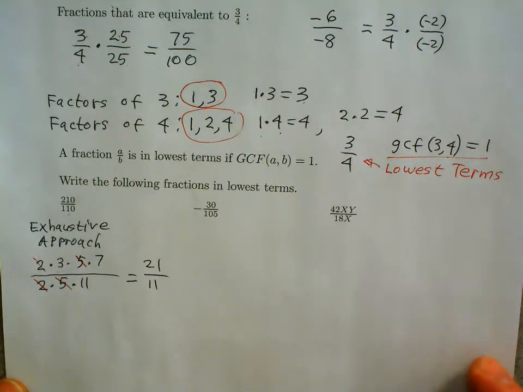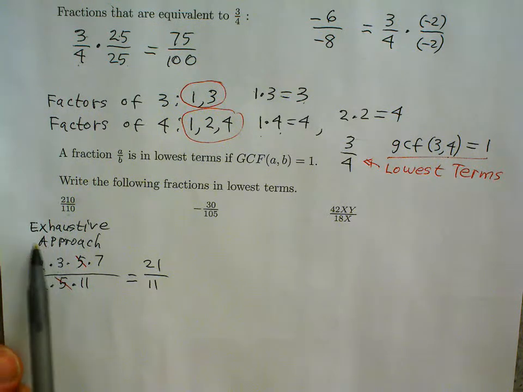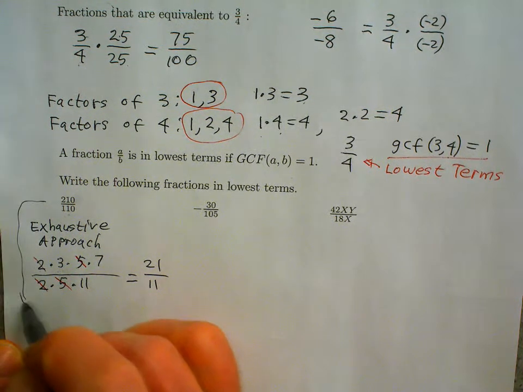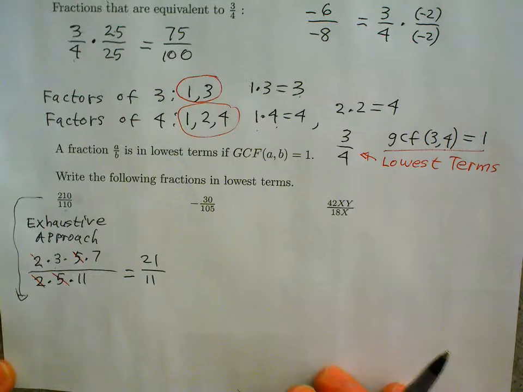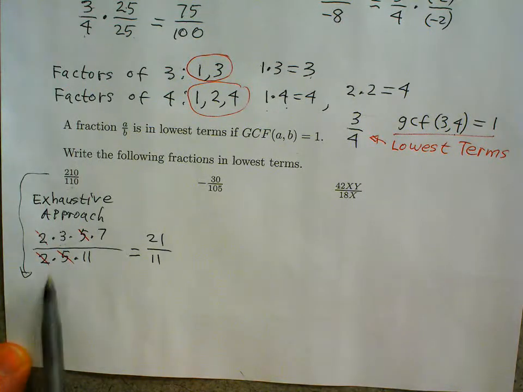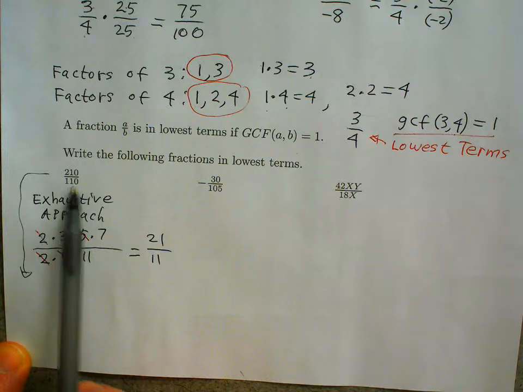But you don't always have to do an exhaustive approach. Learning how to do the exhaustive approach will lend itself to a quicker way to do it. So let's do it a quicker way.